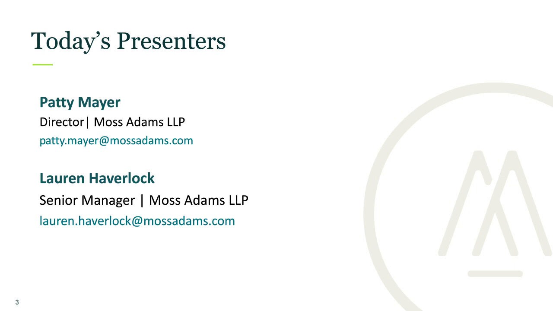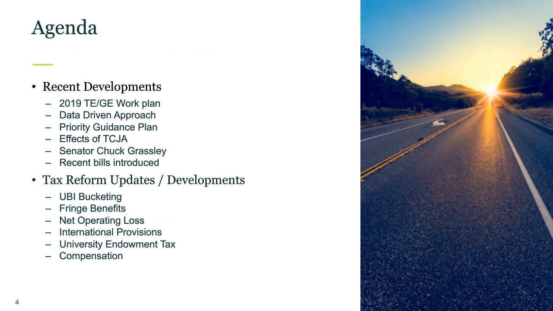Okay, thank you, Emily. So for today, our agenda, we're going to be going over recent developments. We're going to talk about the TEGE Workplan, some data-driven approaches being used by the IRS, Priority Guidance Plan, the effects of the Tax Cuts and Jobs Act, kind of where things are looking, Senator Grassley, mentioning him, and then recent bills introduced.